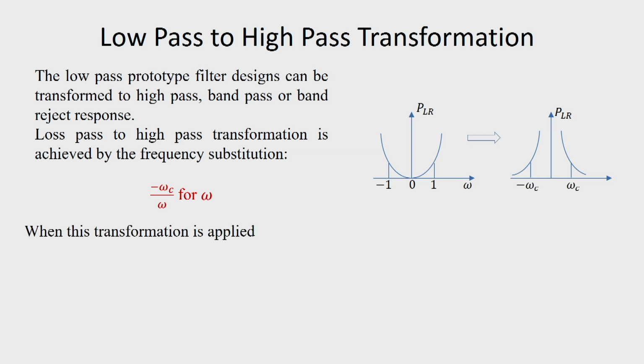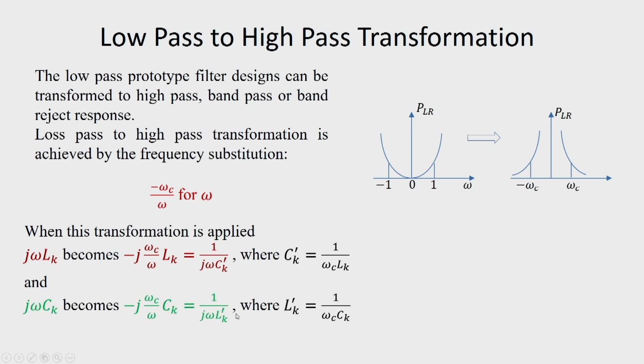and when this transformation is applied, a series inductance j omega L k becomes minus j omega c by L k, and which essentially becomes 1 by j omega c k dash, where this c k dash is 1 by omega c L k.